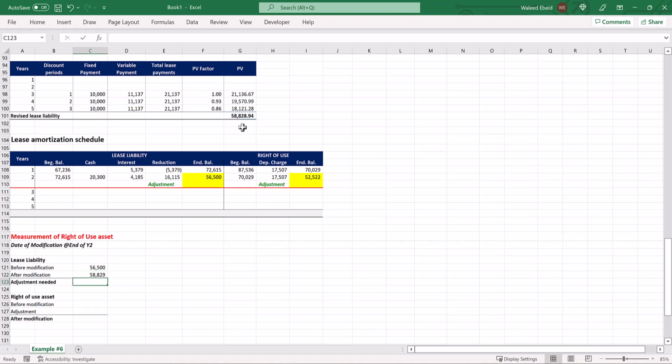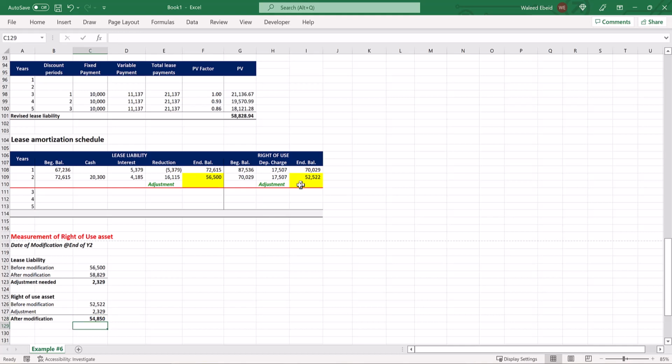So, we need to make an adjustment to increase the book balance of the lease liability by 2,329. The balance of the right of use asset was 52,522. Add the same figure for the adjustment done to the lease liability, to the balance of the right of use asset. And here is the new carrying amount for the right of use at the end of the second year.